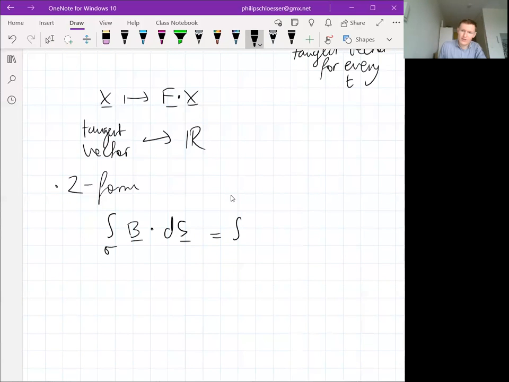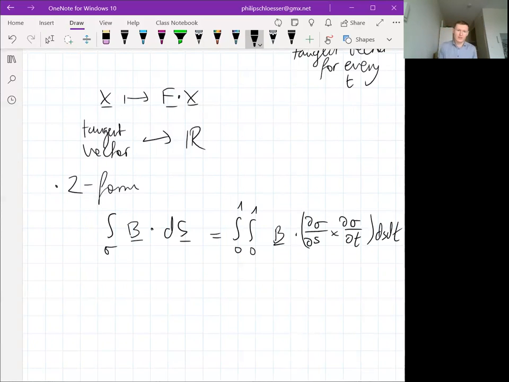Then we can evaluate this thing in this way. So this is the surface element written out for once.